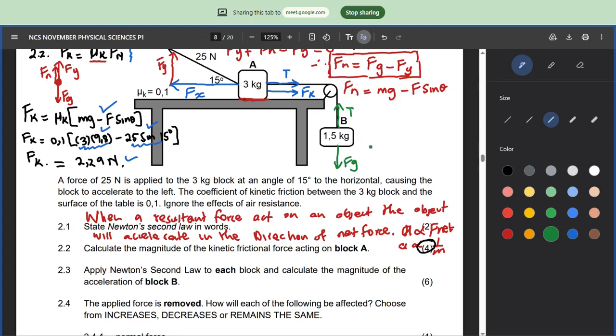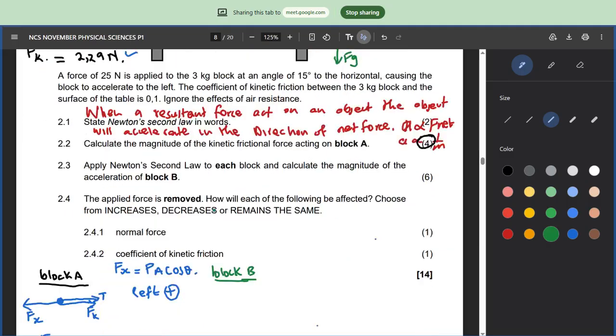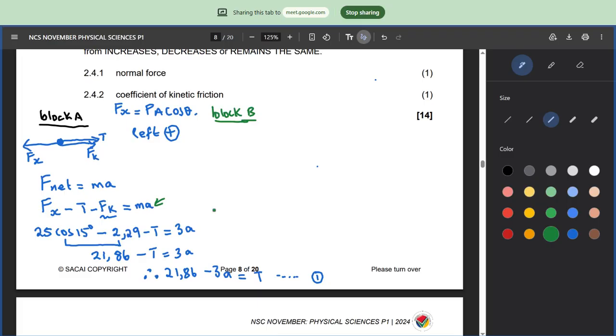This is how the free body diagram will look. So F net equals MA, and the free body diagram looks like this: tension up, FG going down.